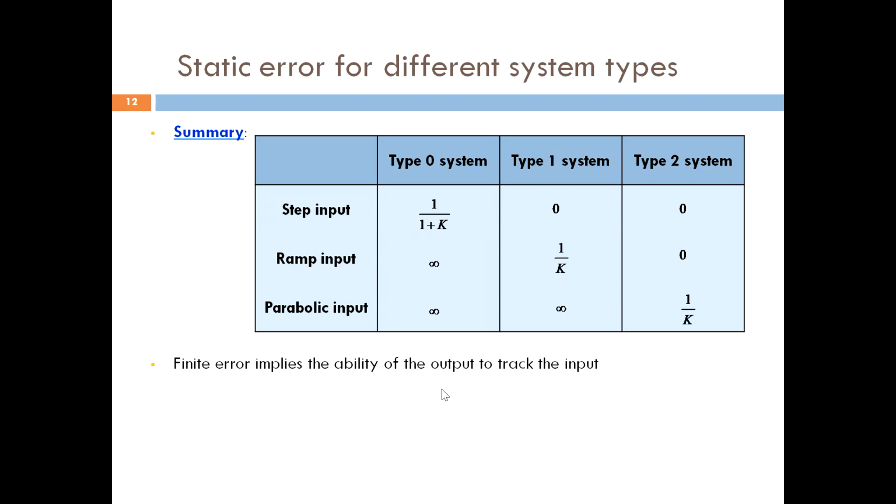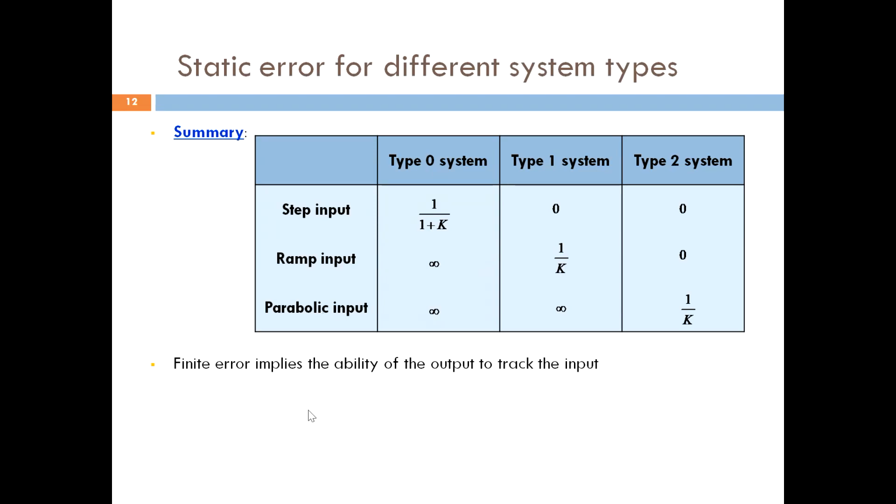So obviously, when we have a finite steady state error for a given system and input, it means that the system's output is able to track the given input.